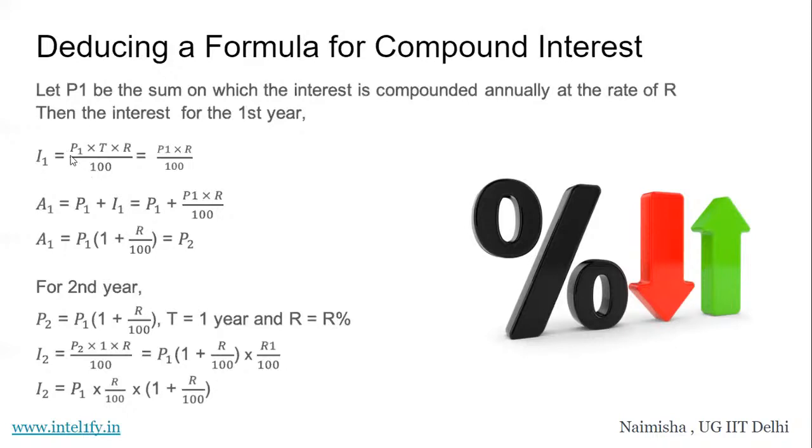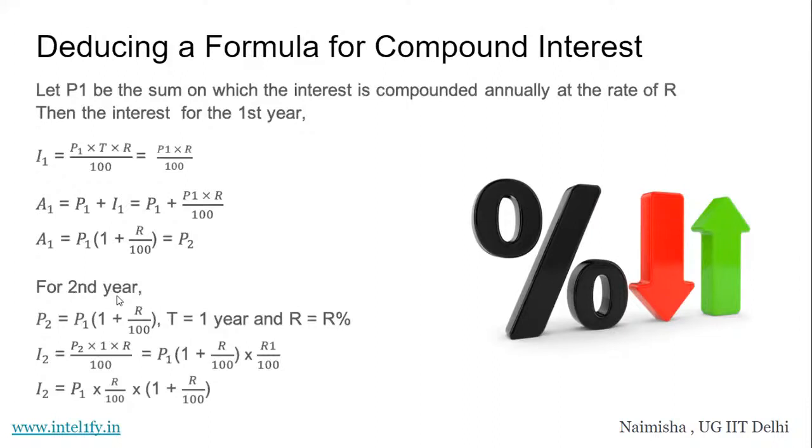Interest for the first year is principal amount into time into rate. Time is 1 year, so principal amount into rate by 100 is the interest. We know amount is equal to principal amount plus interest, which turns out to be principal amount into 1 plus rate by 100, as shown here.